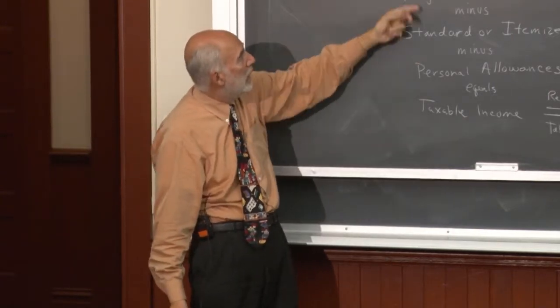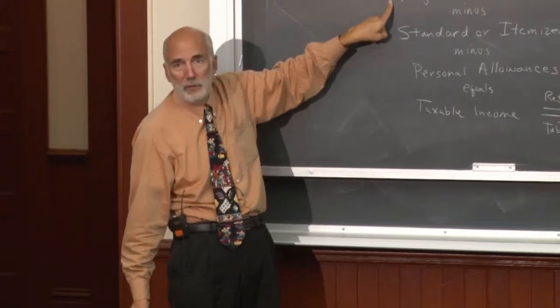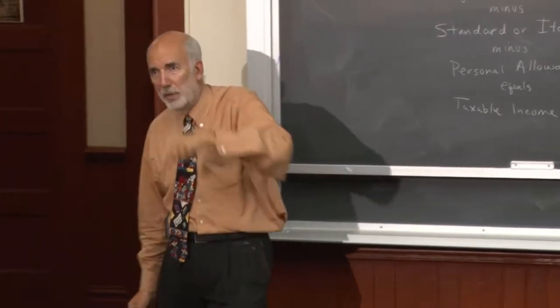So you come then to this magic number called adjusted gross income. Yes? Could you clarify moving? Is that like house to house or money from the account to... So moving in the sense of job-related moving.